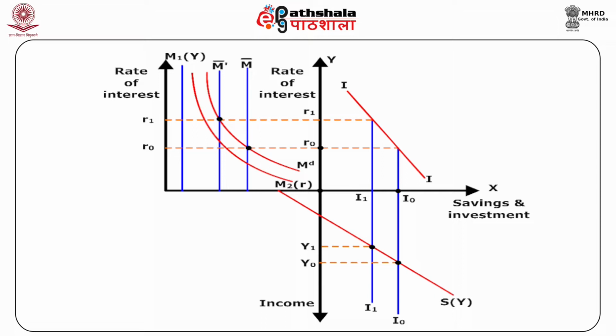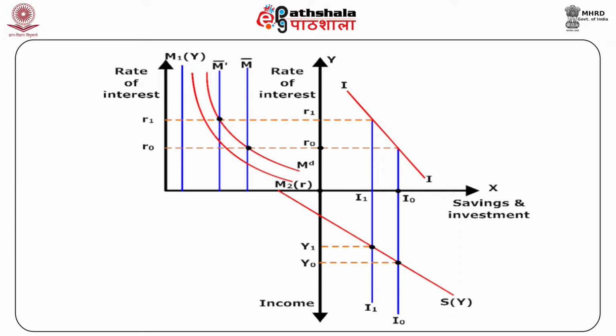So, what we can see is that all the three markets, money market, capital market and the product market, are integrally related to each other, and this is what we call integration of markets. However, there is a problem.